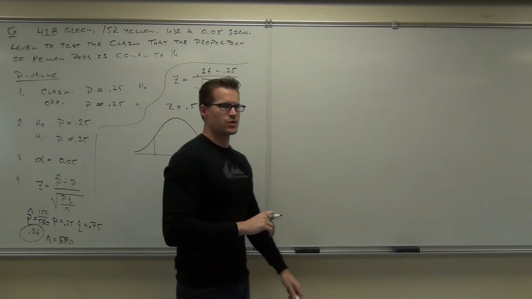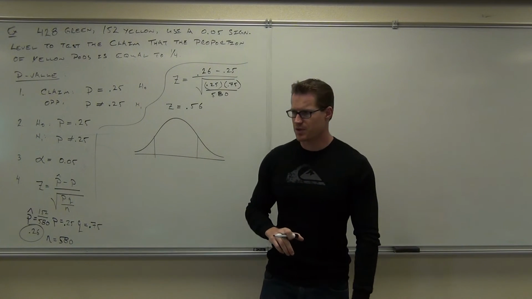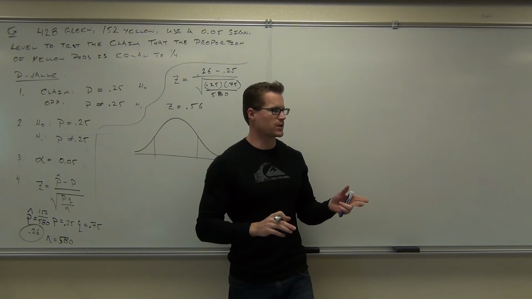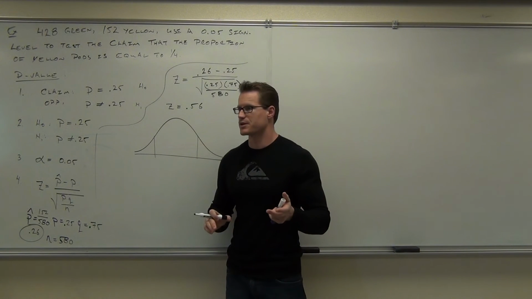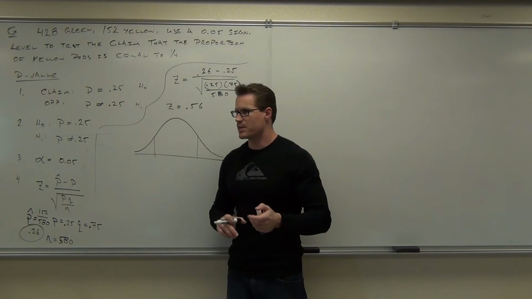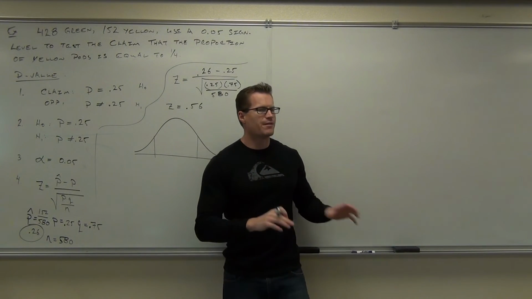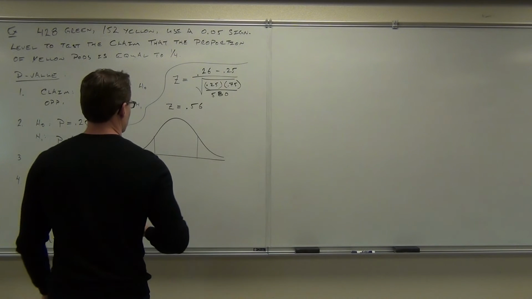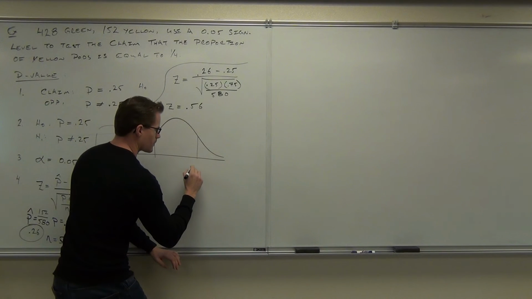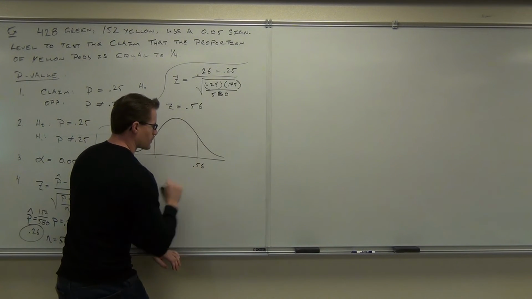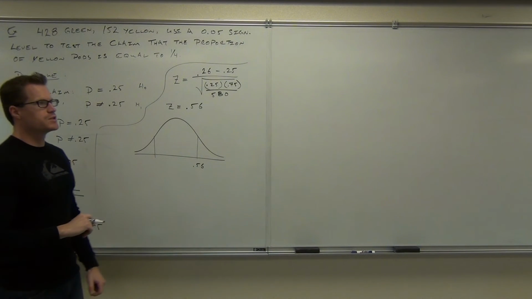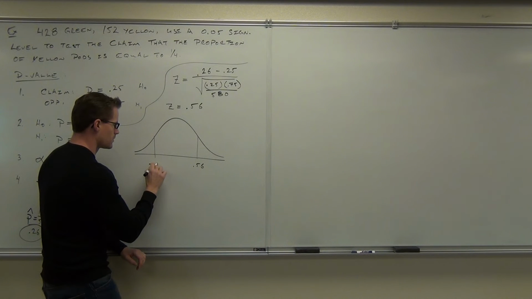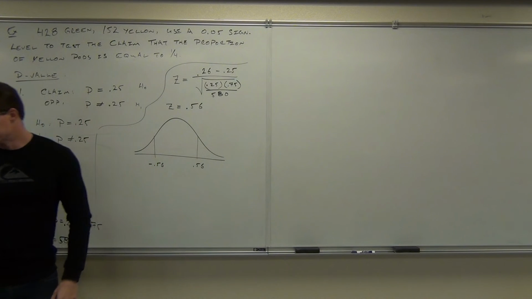Now listen, I haven't showed you this before on a two-tailed test with a p-value method. I've showed it to you on the traditional method, but not the p-value method. Watch carefully, because it's the first time and only time you're probably going to see this with a p-value method. If you have a two-tailed test, what you do is you split your z critical value.